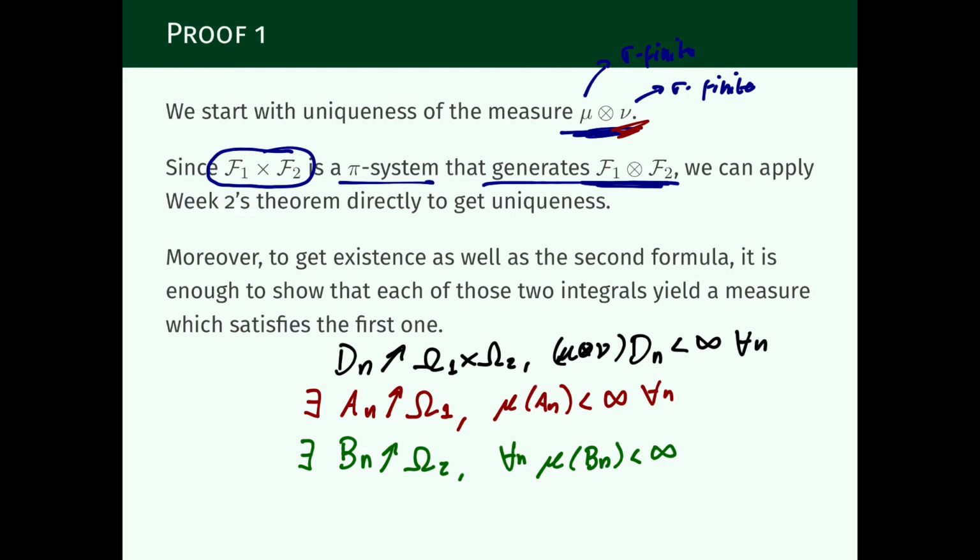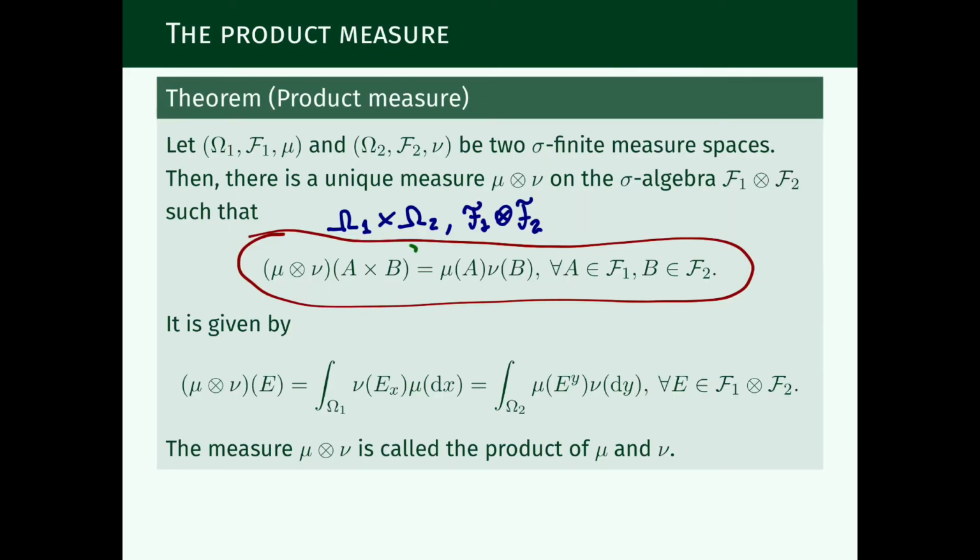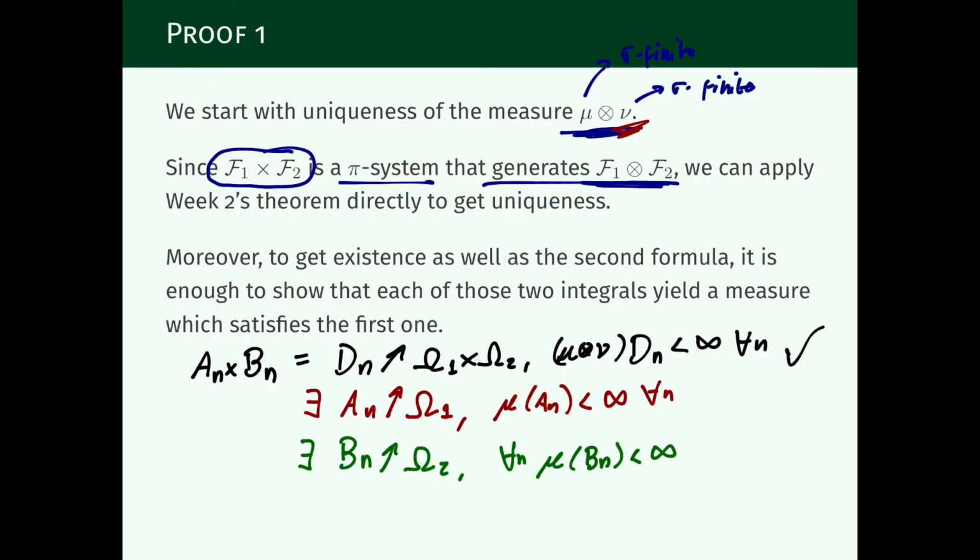How can we explicitly construct this sequence Dn just with what we have? Well, of course, we just take Dn to be a rectangle given by An cross Bn. So this will check the assumption that any measure satisfying this property is sigma finite, and therefore we can use the theorem from the beginning of week 2 that says this measure is then unique.